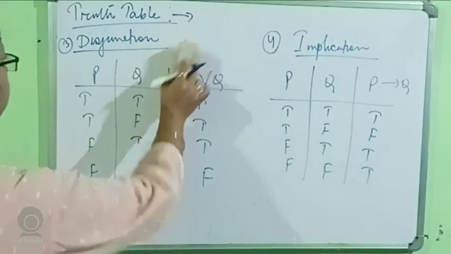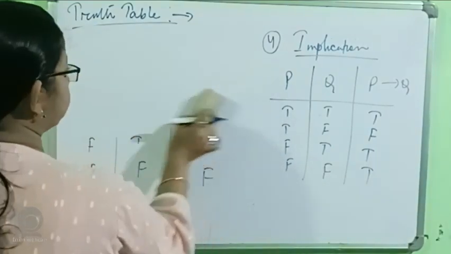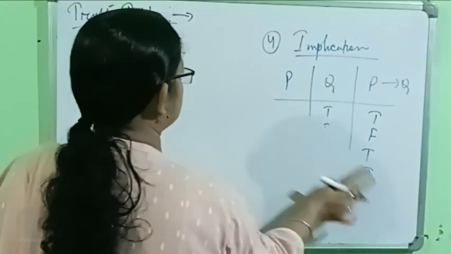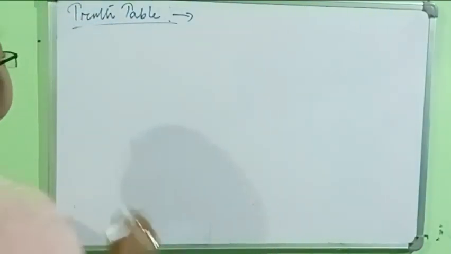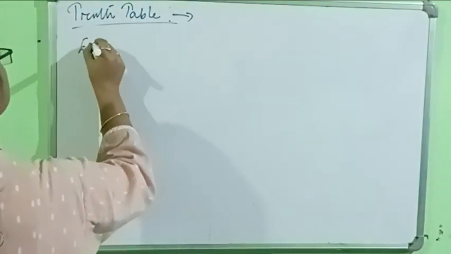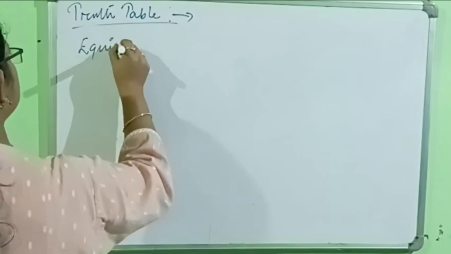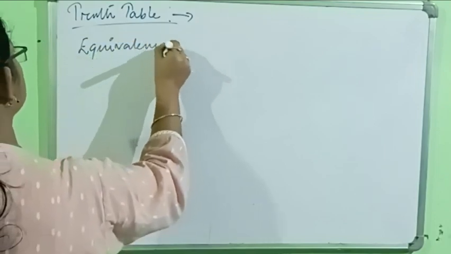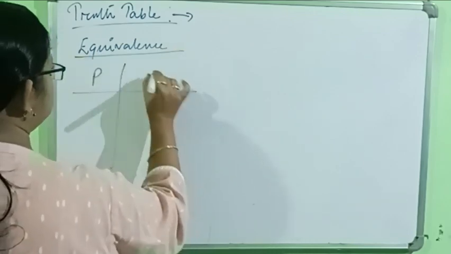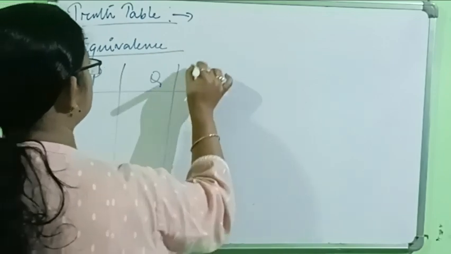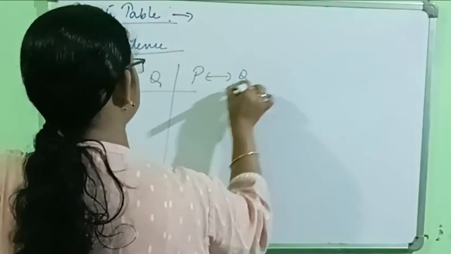Next, we are going to discuss equivalence. The equivalence table. Again, take two statements P and Q, then equivalence will be this one.